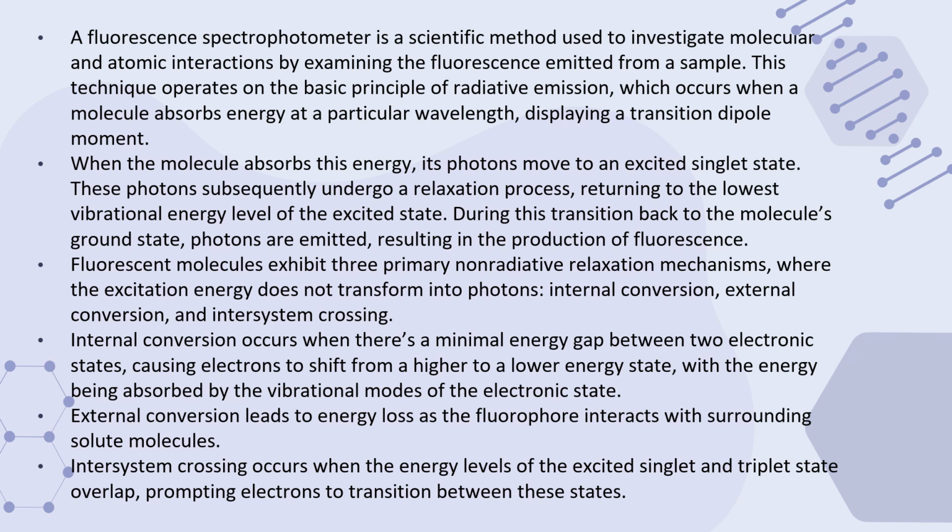External conversion leads to energy loss as the fluorophore interacts with surrounding solvent molecules. Intersystem crossing occurs when the energy levels of the excited singlet and triplet states overlap, promoting electrons to transition between these states.